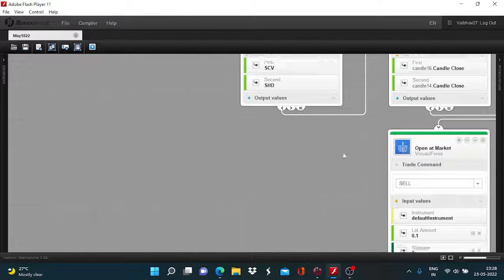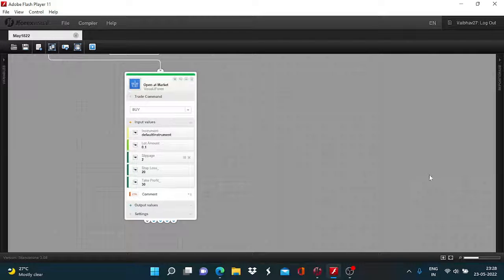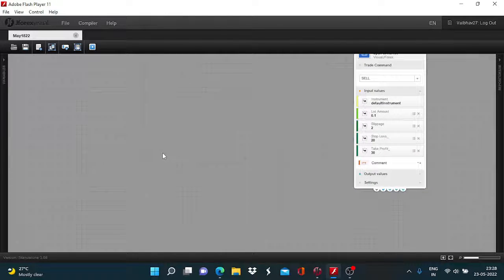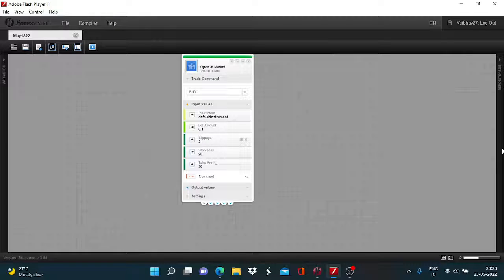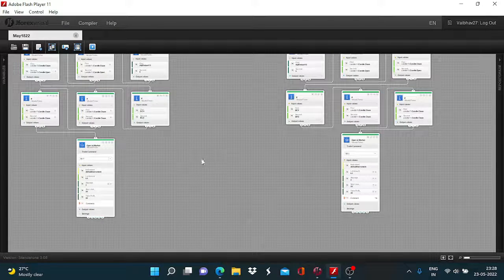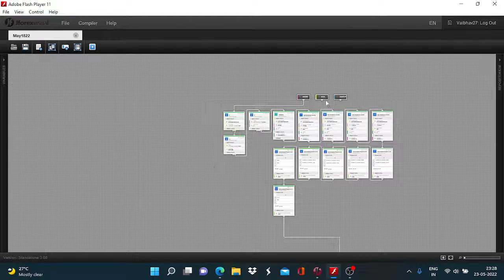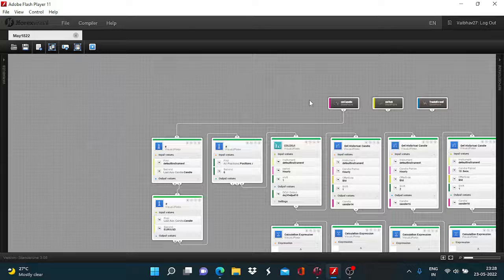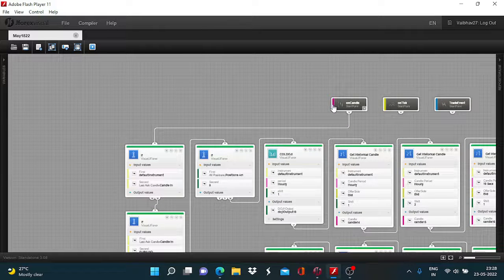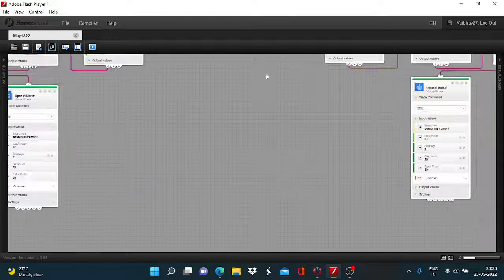So here we are, almost done with the sell side of the algorithm, and it is looking like the mirror image of the buy side. So we have a symmetrical formation here, and to make sure that the trade iteration flow is going through till the very end, I will color code it and let me check it once.